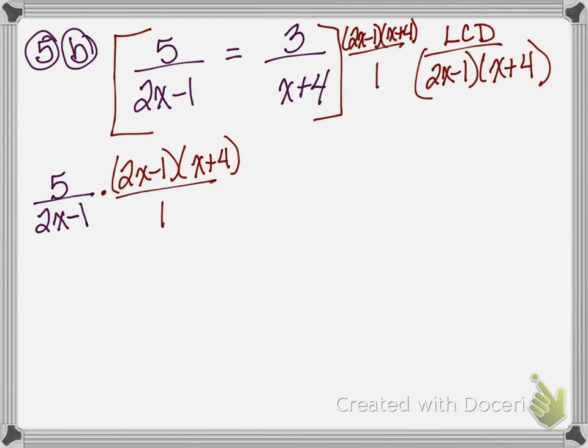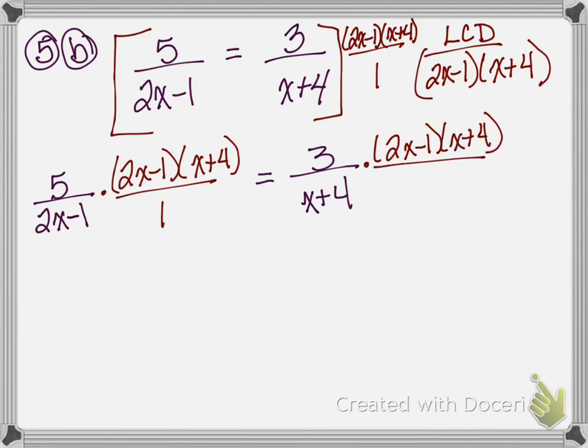And that equals 3 over x plus 4 times 2x minus 1 times x plus 4 over 1.